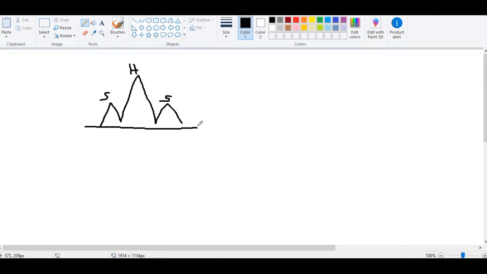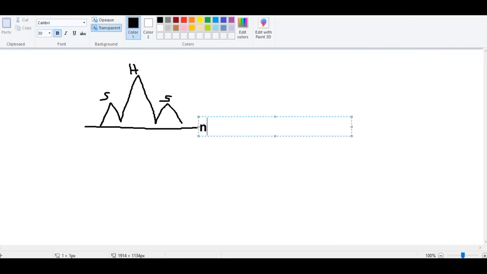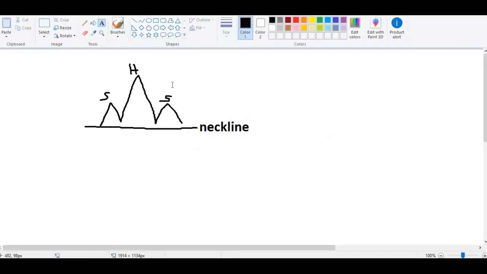Next thing we need to know is it will also always have this neckline, where the bottoms are usually equal or they're connected by this neckline. We can label this the neckline. Now a head and shoulders can be drawn in multiple ways.